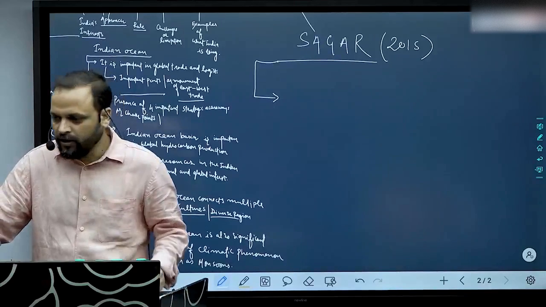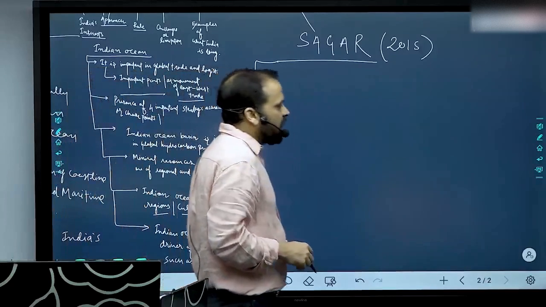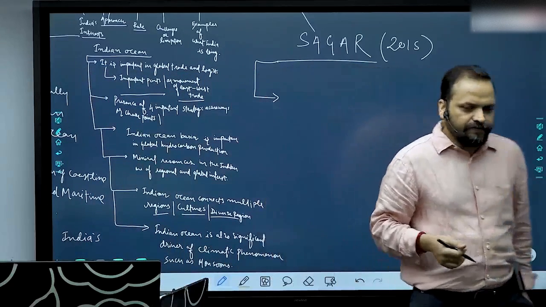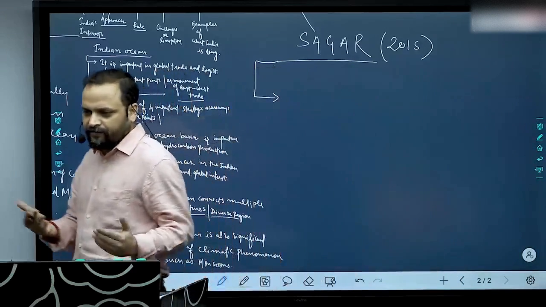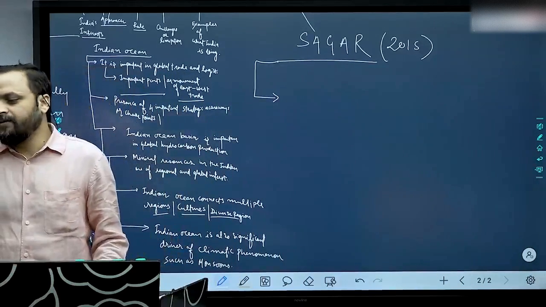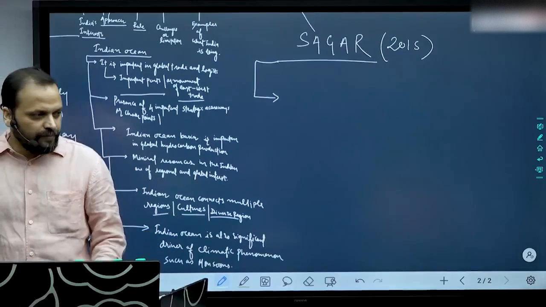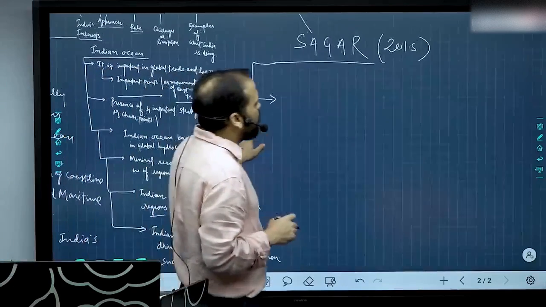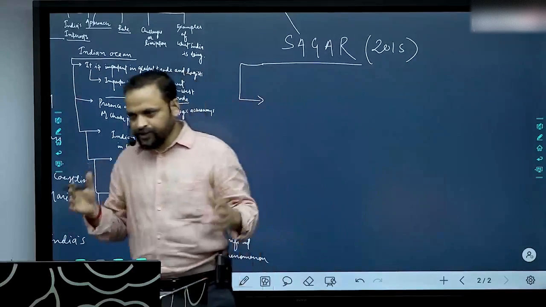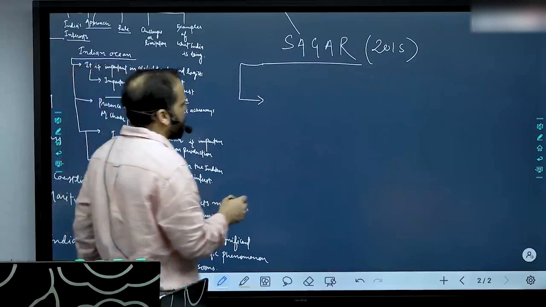Generally, these kinds of ideas are mentioned in speeches and we are then left to make meaning out of it. So we try and understand it through how the government has responded in parliament or how in further speeches it has been defined. So largely you can call Sagar a larger vision that India has towards the Indian Ocean region, defining India's approach.